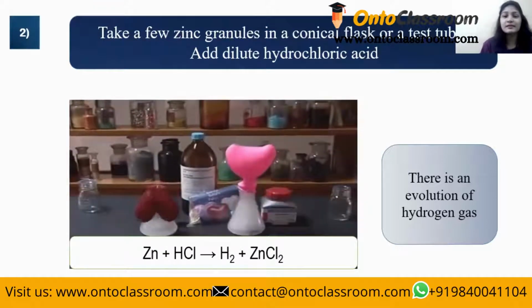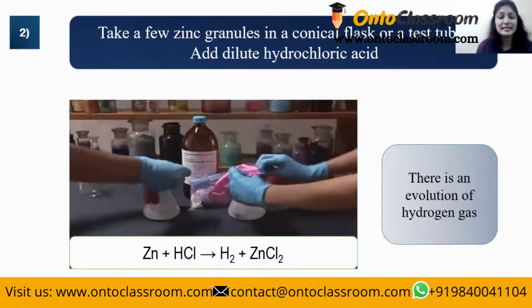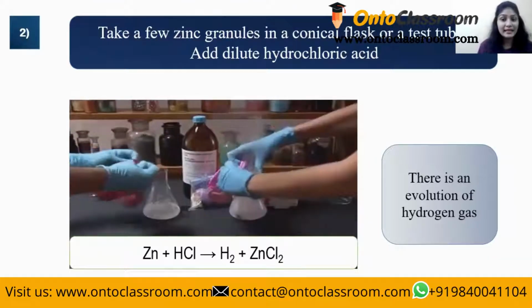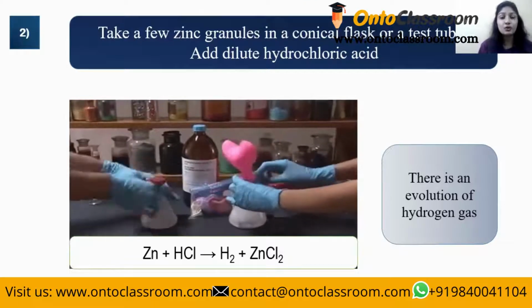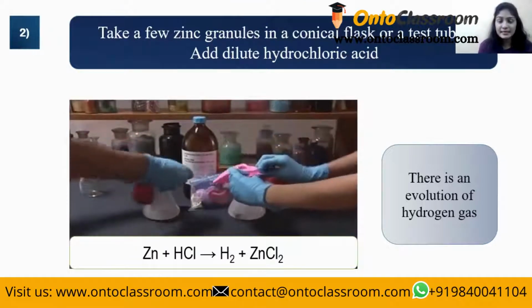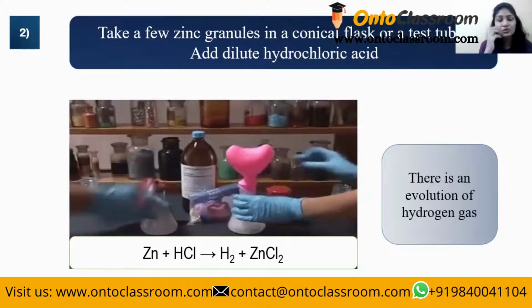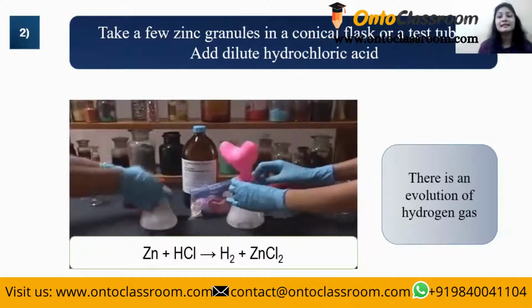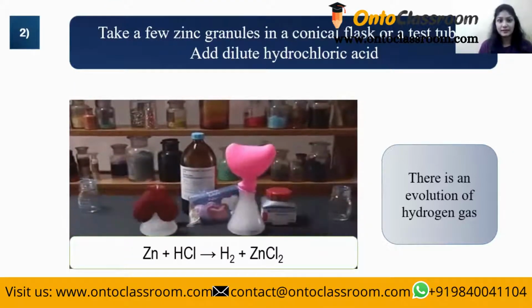Zinc granules, the element zinc, is Zn, and HCl is hydrochloric acid. It reacts to form zinc chloride, ZnCl2, and hydrogen. ZnCl2 is a liquid substance which is formed, and H2 is a hydrogen gas which is evolved, and that is the reason why the balloons are inflating.